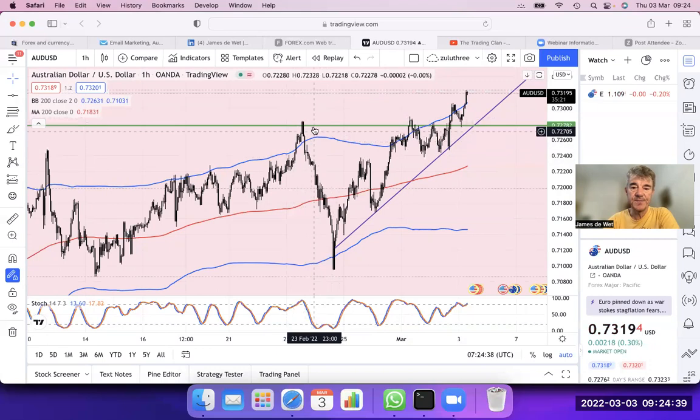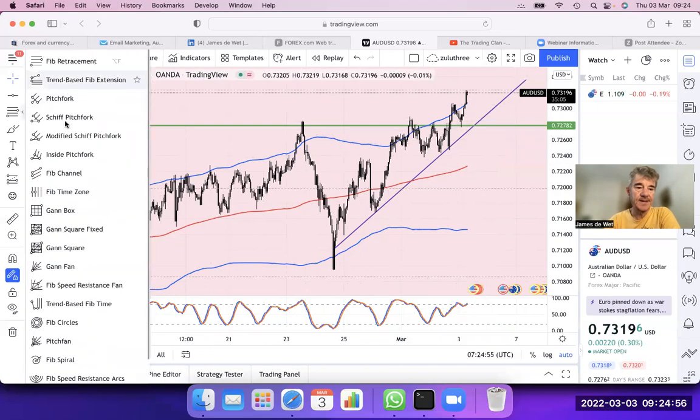That's the top of this peak here. Was a resistance. Now it's a support. And it was resistance there, and there for a little bit of time. And then it was support, and we may come back down to it as support again. And the other thing you could finally draw in here is a Fibonacci retracement.